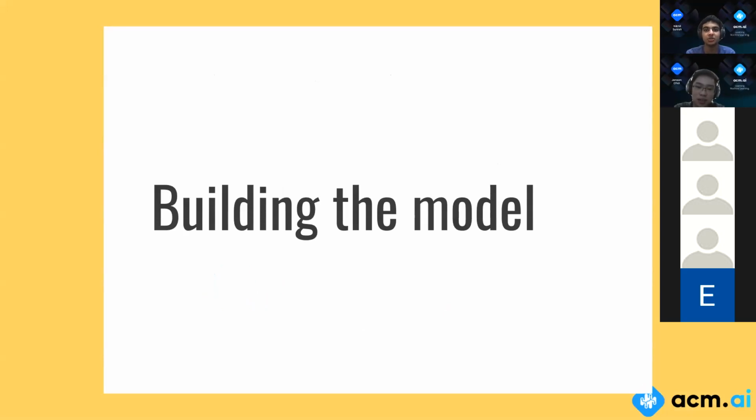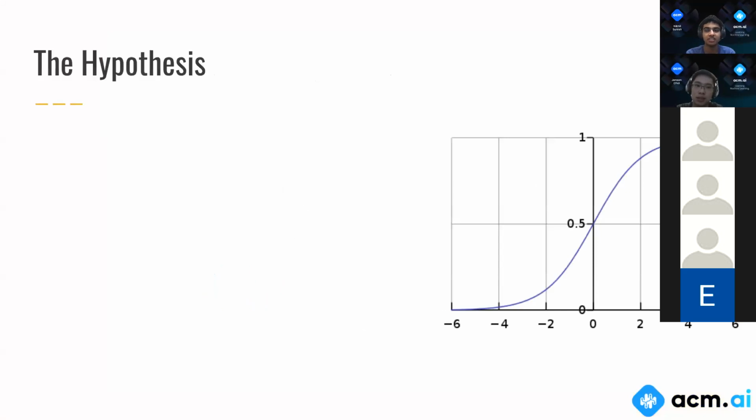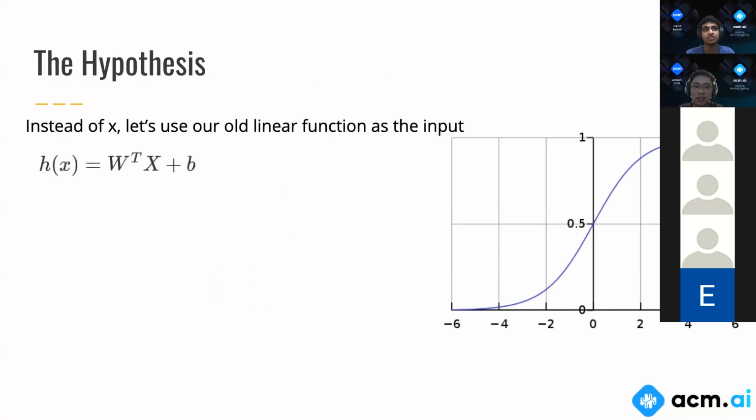This is probably the coolest part, putting it all together. Let's create our hypothesis function. We have our linear regression, which is our weights times our input plus our bias. You might be confused about how it's visualized here, but imagine this is our weights vector, this is our bias vector, and this is our inputs vector.